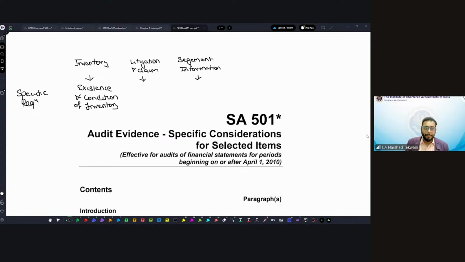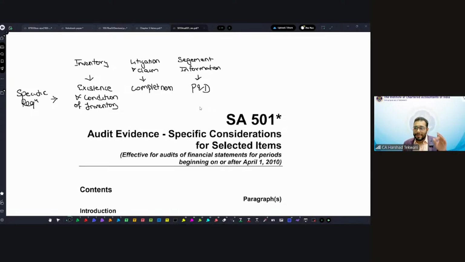Completeness. Yes, very good. Completeness of litigations and claims involving the entity. What is for segment information? Yes, very good, Manish, Megha, Lavanya. We are talking about presentation and disclosure of segment information.